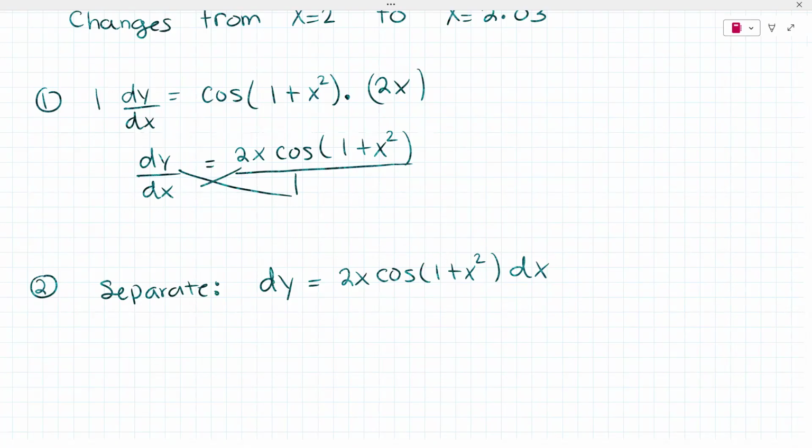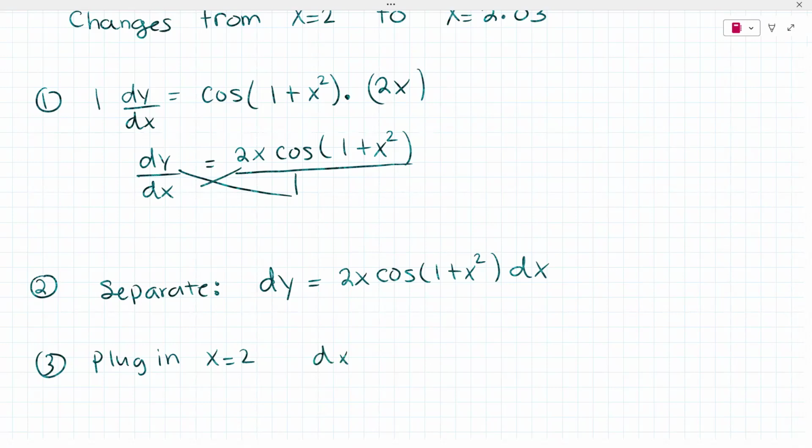Step 3, plug in x equals 2 and dx. Okay, so our x is going to be 2, because our x changes from 2 to 2.03.